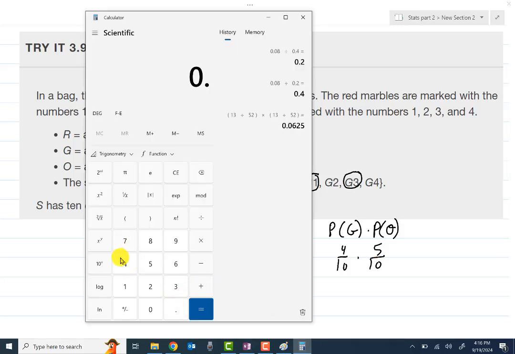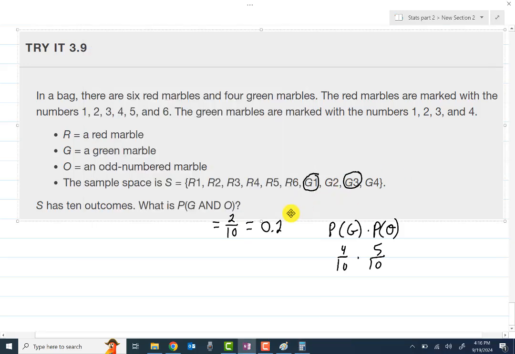So 4 out of 10 is 0.4 times 5 out of 10, which is 0.5, equals 0.2. Oh, I was wrong. This equals 0.2, which equals P of G and O. So they are independent of each other.